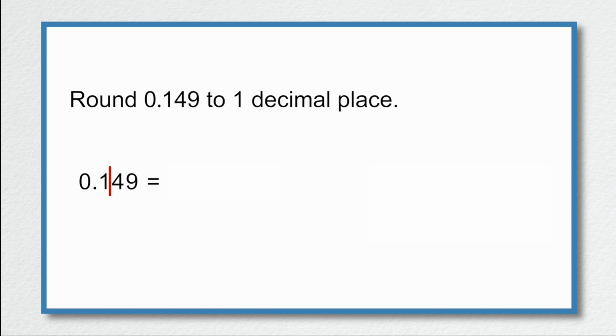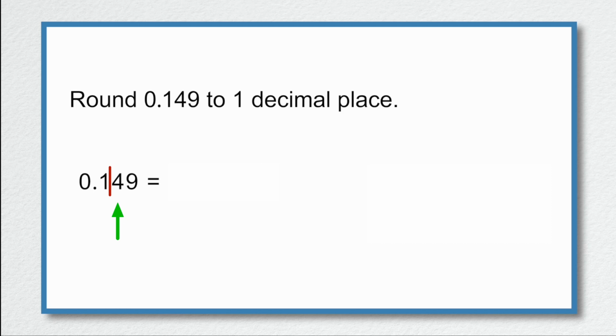And what we then have to do is we look at this one, the 1/10, and say, well, does this stay as 1, i.e., do we round down, or do we round up to 2? And that's done by looking at this digit, the first digit after the cutoff point. Doesn't matter about anything else. All that matters is the first digit after the cutoff point.